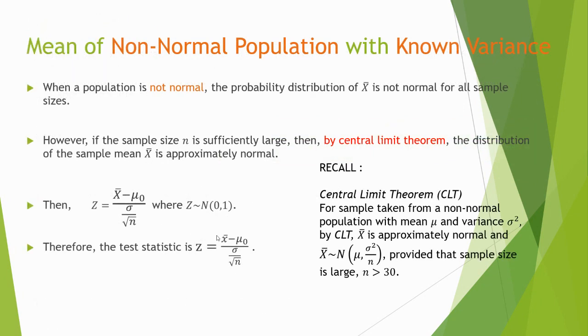Now, mean of a non-normal population with known variance. Just now it was the mean of a normal population, so what if the population is not normal?